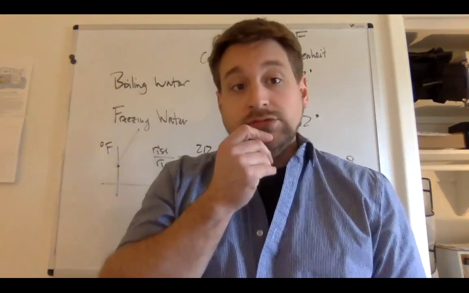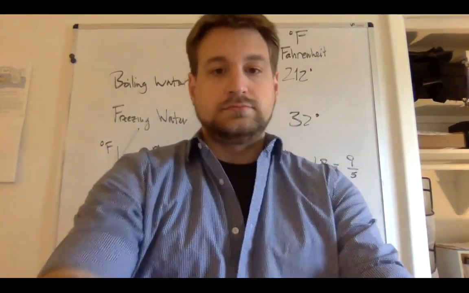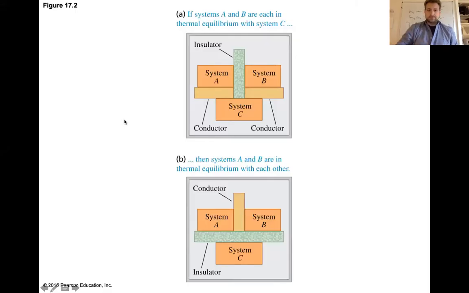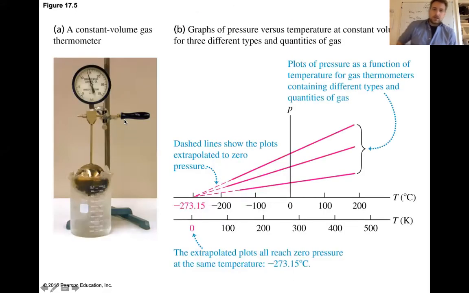You might already know that there's a scale missing. And it's this one. Well, it's related to this one. As we started to do experiments with our constant volume thermometers, the one that I showed you a cartoon of earlier, we can make a plot of the pressure that we observe as we increase the temperature.